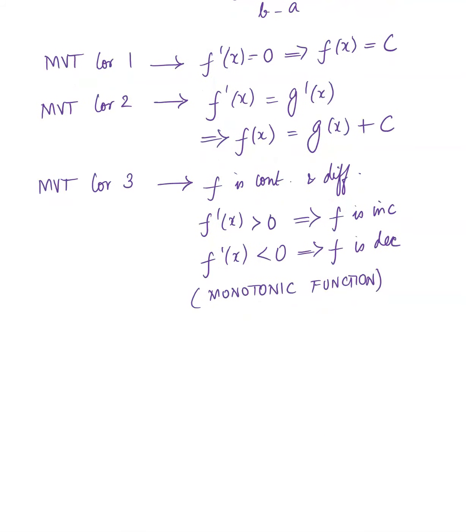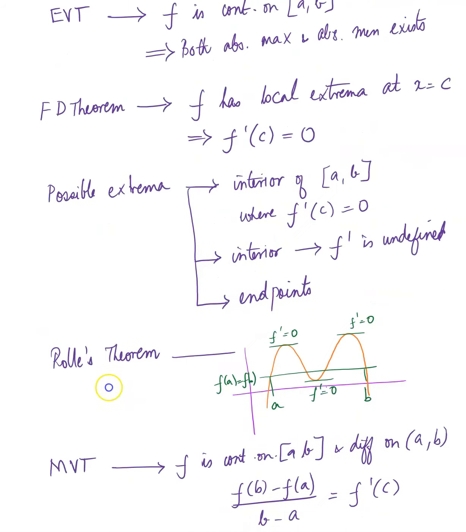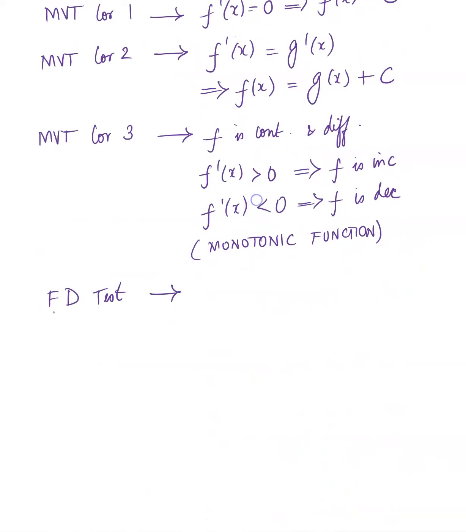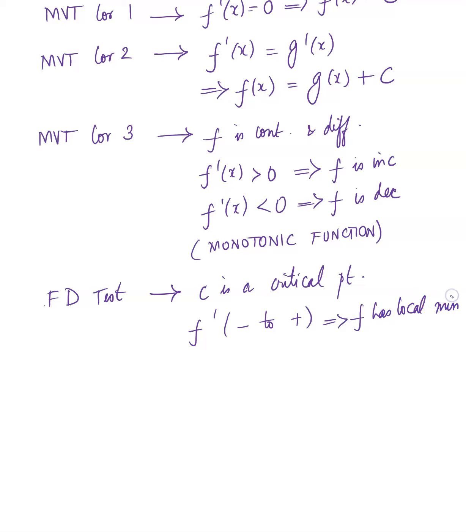Then we had the first derivative test. Remember, the first one was a theorem. So let me take you back here quickly. This is the first derivative theorem up here, and down here is the first derivative test. So c is a critical point. If your first derivative changes sign from negative to positive, it means f has a local min.